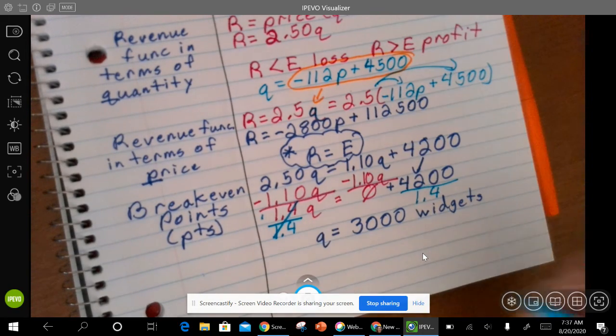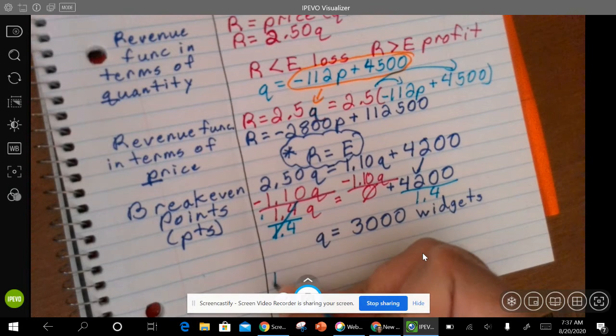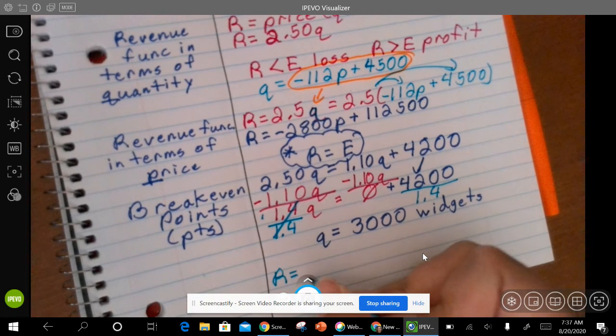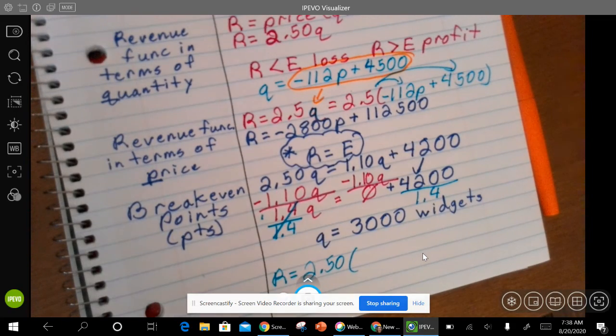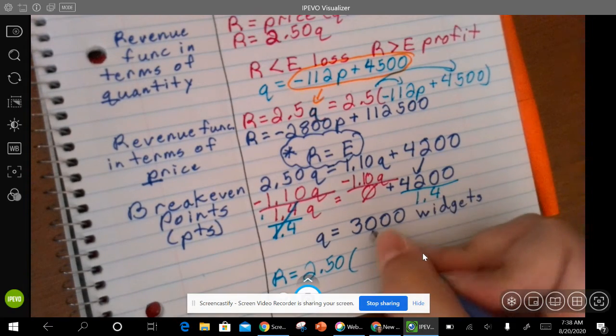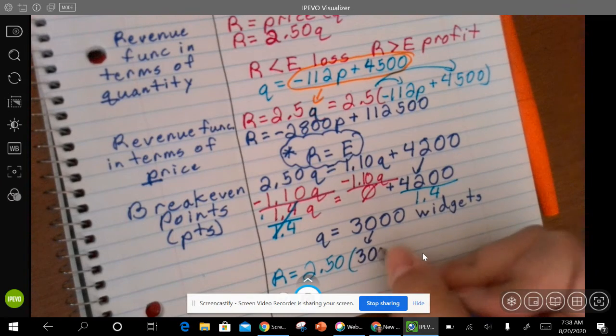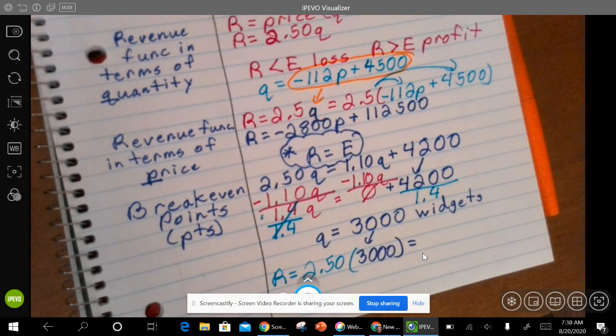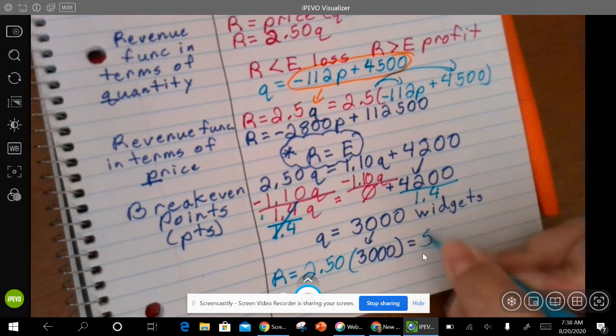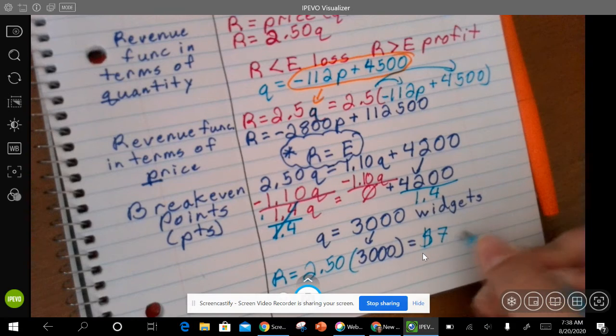So if I'm going to substitute it in, so I'm going to go revenue. So our $2.50, I'm going to substitute in that 3,000. So we want to know how much revenue we would make at the break-even point. So that would be 7,500.